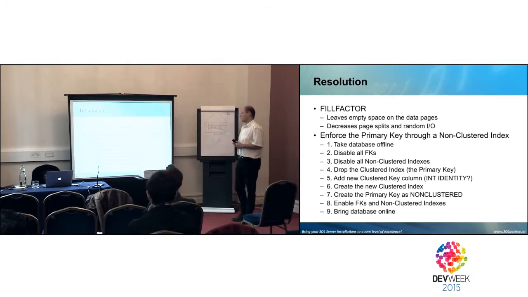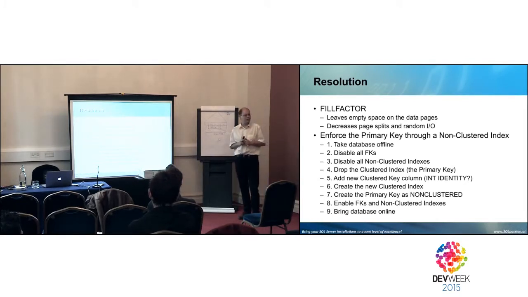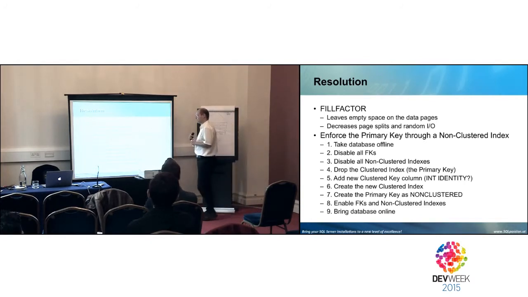The problem is, when we want to enforce the primary key constraint with a non-clustered index, we have to drop our primary key constraint. Means we're losing our referential integrity. You also have to drop your foreign key constraints. Normally, I'm talking to DBAs and telling them how bad developers are.